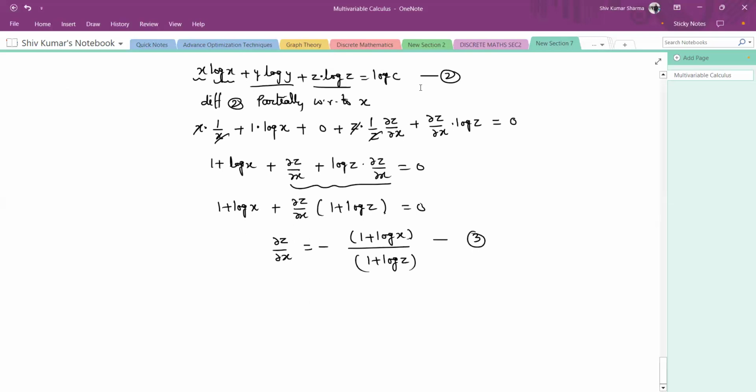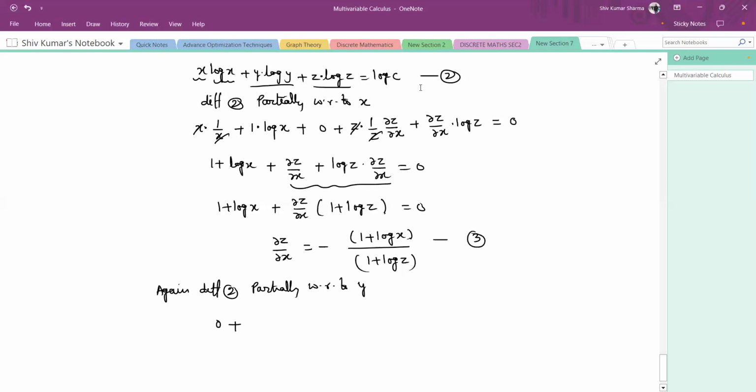Okay, so now we write down again, differentiate partially with respect to y. So when we differentiate partially with respect to y, we treat x as a constant. So the derivative of the first term will be 0 plus. And the second term is y into log y.